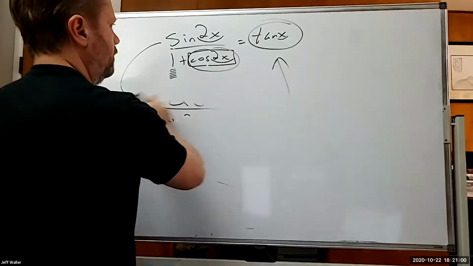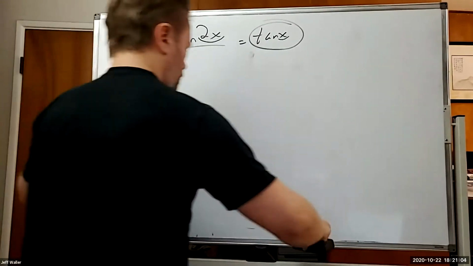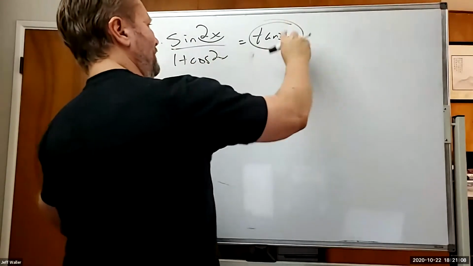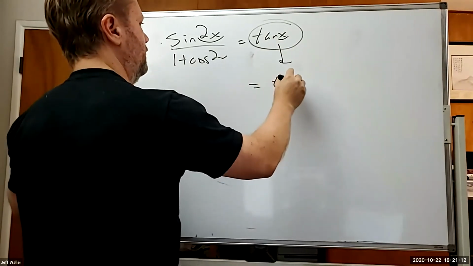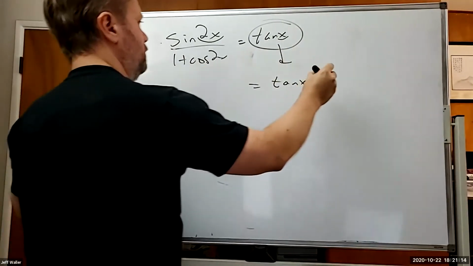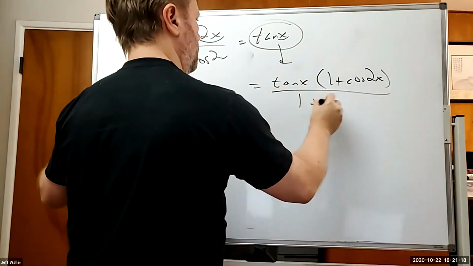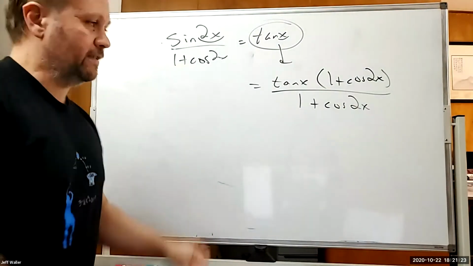So here's what I tried to do, probably what I've been saying to do all the time. I started on that side. What I did was I multiplied top and bottom by 1 plus cosine 2x, because I know it's supposed to have a 1.